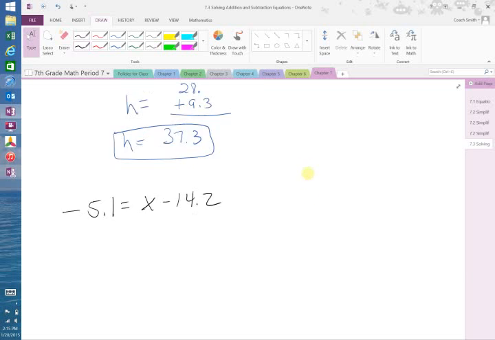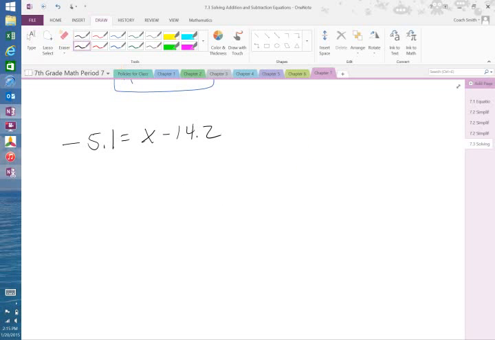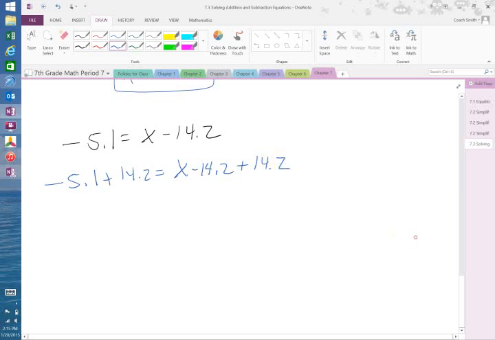So I'm going to take to both sides, and I'm going to take negative 5.1, I'm going to add 14.2 to it. Then I'm going to take x minus 14.2, and I'm going to add 14.2 to it. On the right side of the equation, subtracting 14.2 and adding 14.2 cancel each other out.